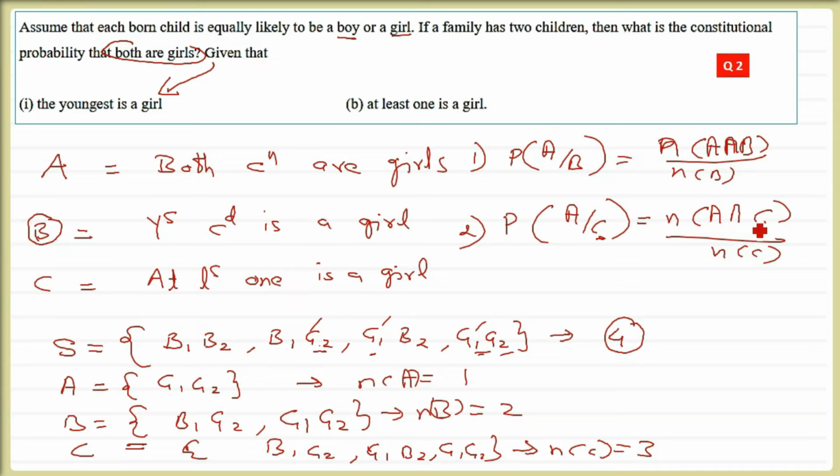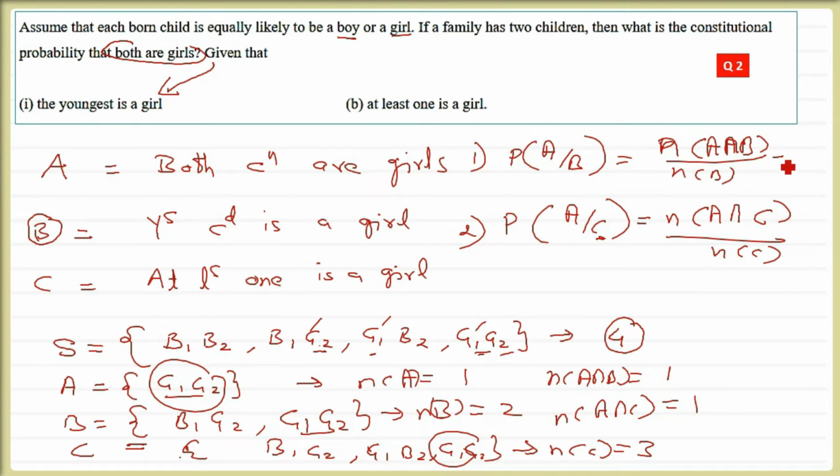So all the numbers I have already computed. So N(A intersection B). What is the common of A and B? G1, G2 only. So we are calling it as 1. Now A intersection C. What is common between A and C? Again G1, G2 only. So again N(A intersection C) will be 1 only. Now let us put it here. N(A intersection B) is 1. What is the count in B set?